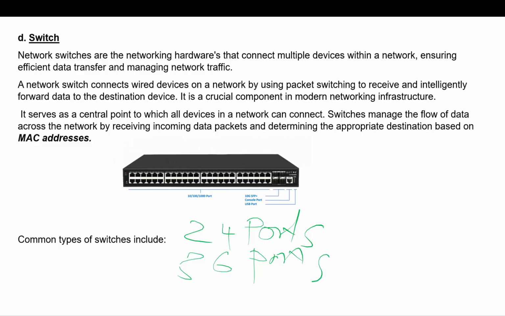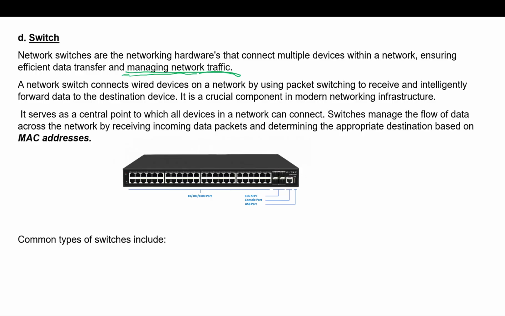So it depends how many ports you want to use, how many devices you have to connect. So in a network switch, this is responsible, like you say, network switches are the network hardware that connect multiple devices within a network, ensuring efficient data transfer and managing the network traffic.